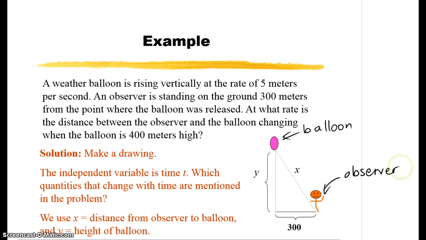So we're going to use variables to denote those. We're going to use x to denote the distance from the observer to the balloon, and y to simply be the height of the balloon. And remember, this number here, 300 meters, stays fixed. This is the distance between the base where the balloon was and the observer.